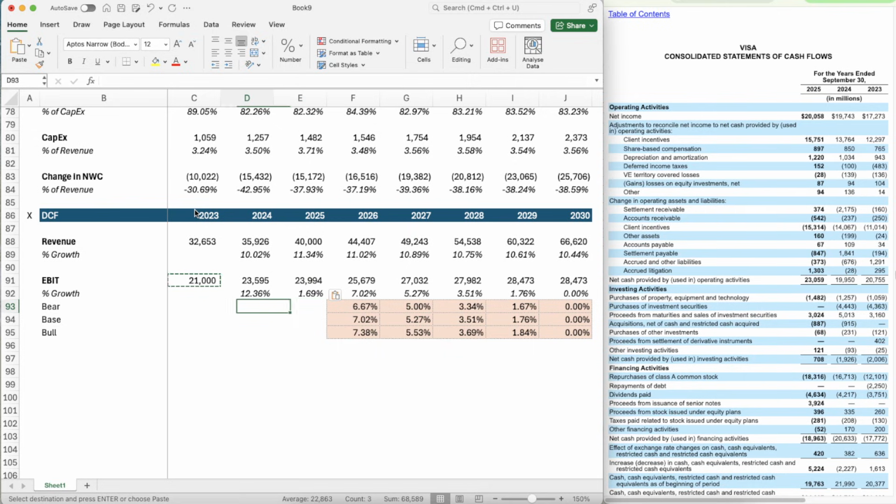We're going to say that we want EBIT as a percentage of revenue. And we're going to say that this will go to, it is forecast to increase, I think.